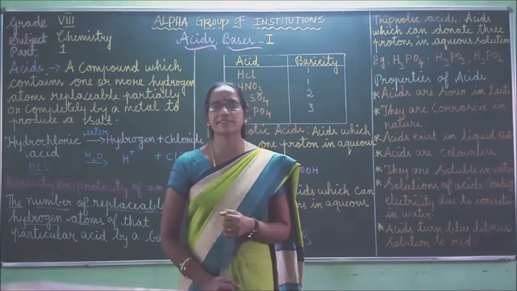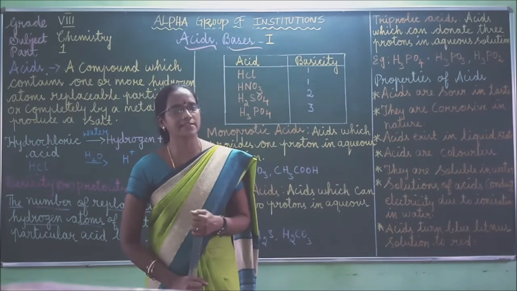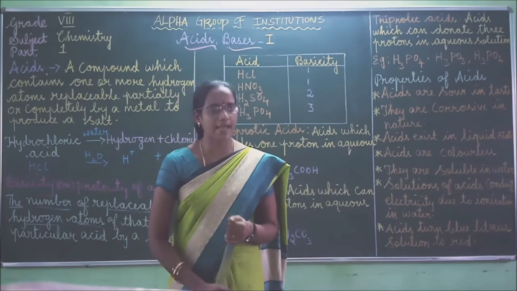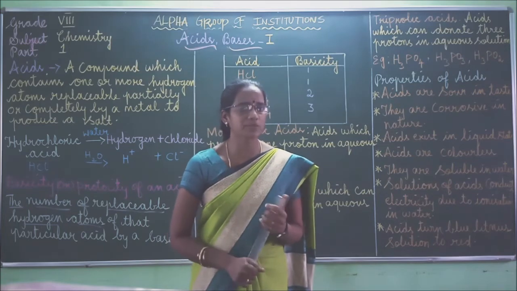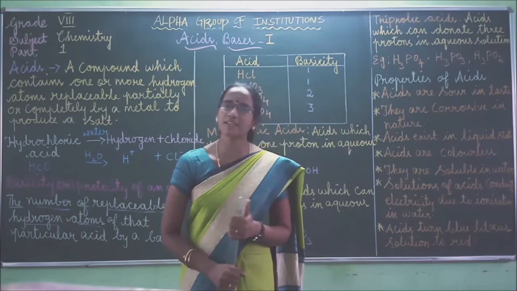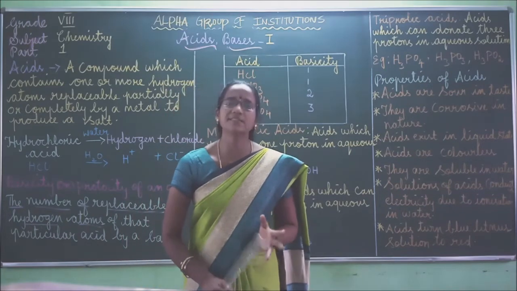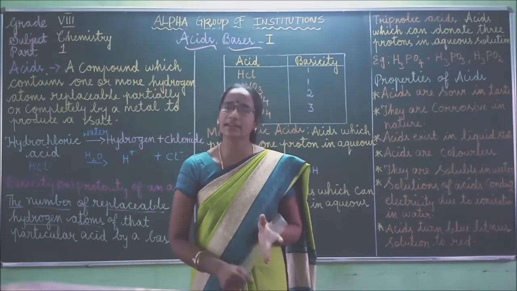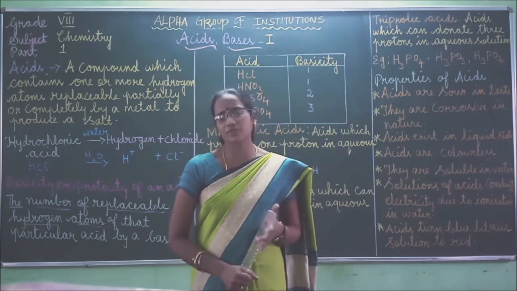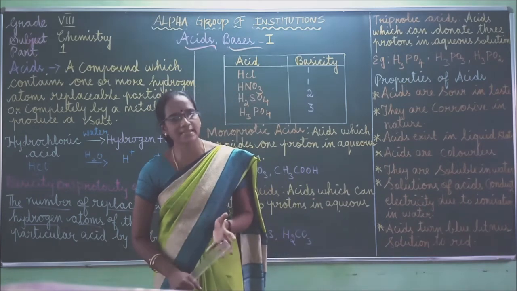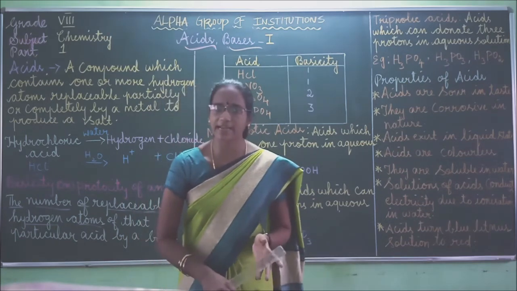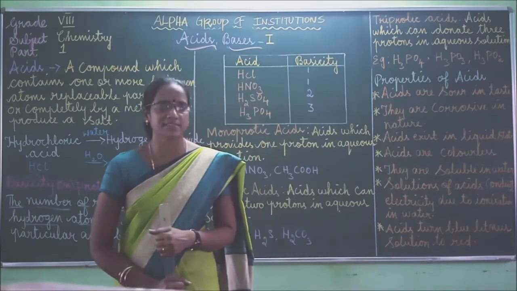And third one is the triprotic acid or tribasic acid. What are the 3 types of acids? Monoprotic acids, diprotic acids and triprotic acids. Otherwise we can say monobasic acids, dibasic acids or tribasic acids.